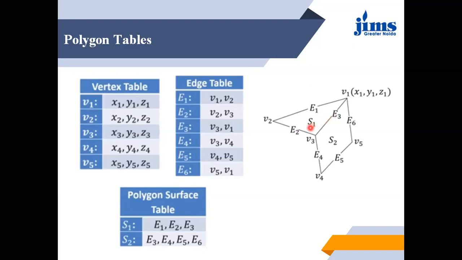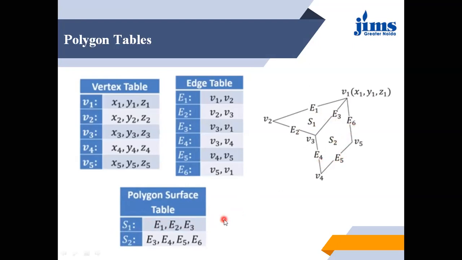So here surface S1 is made by joining the edges E1, E2 and E3. Whereas surface S2 is made by the edges E3, E4, E5 and E6.